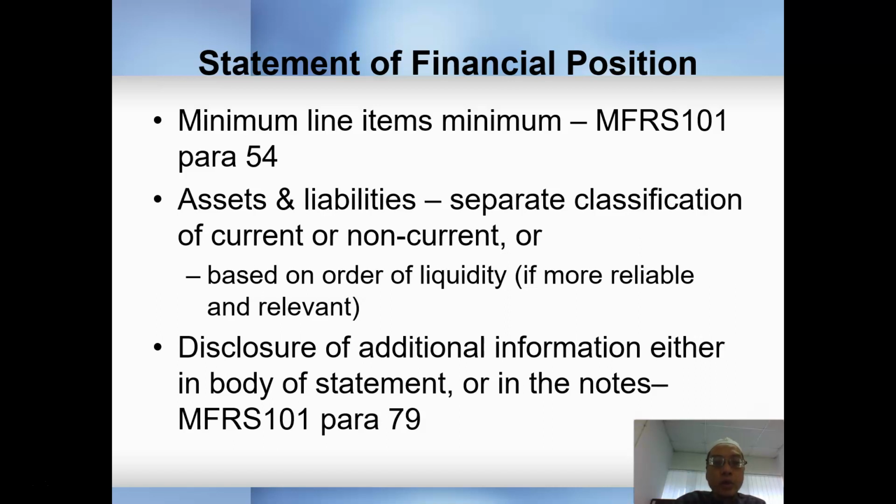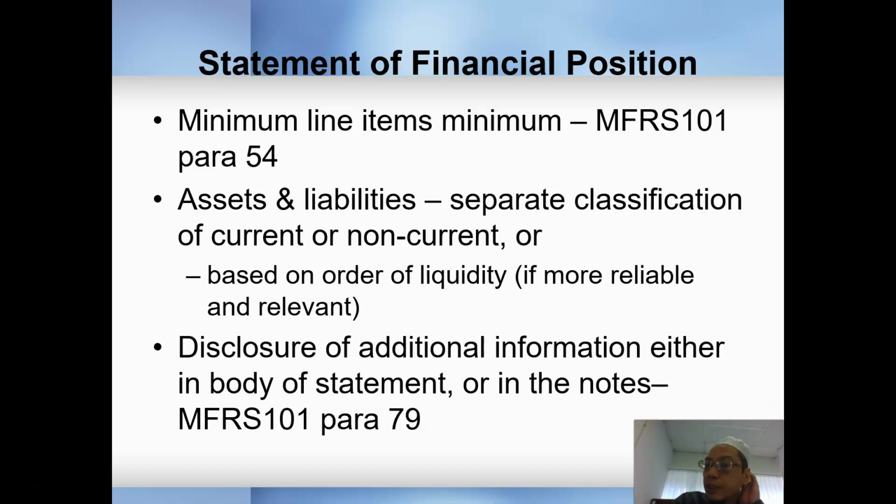Okay, what they do is show the assets according to liquidity. They would normally show the assets that are most liquid, such as cash, at the top, and the assets that are least liquid, such as property, land, equipment, at a lower place.